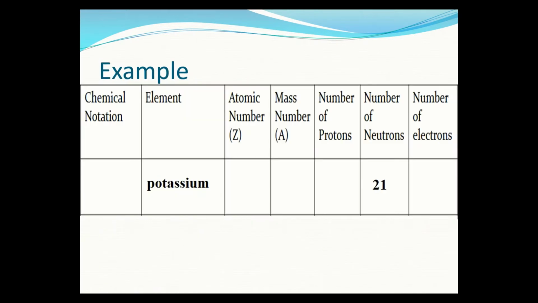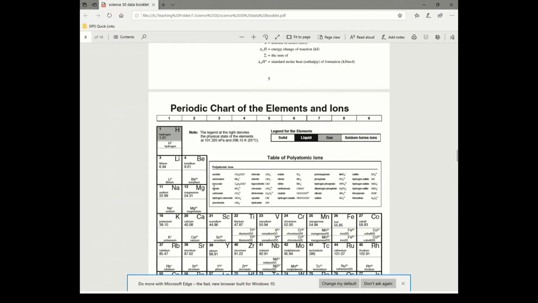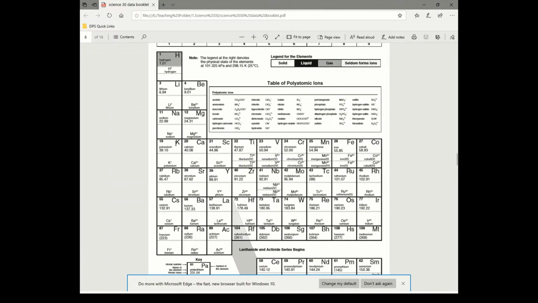Okay. So let's do a question. Nuclear notation, we're going to fill out all of these. Okay, so potassium, I can find the symbol for potassium. Potassium is right here. It has the symbol K. Okay.